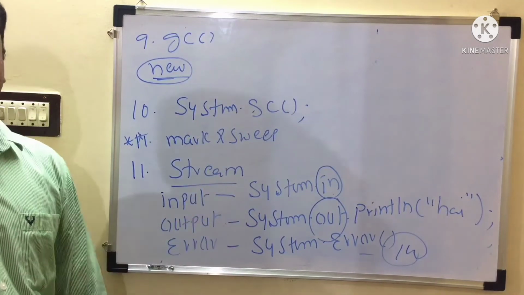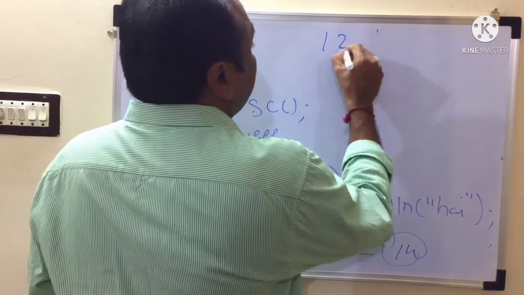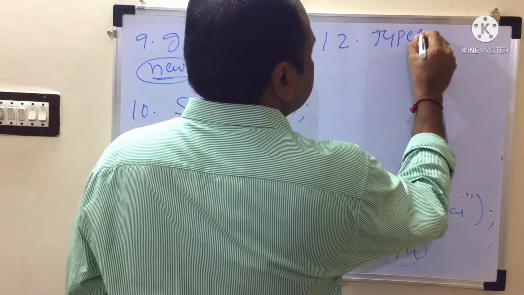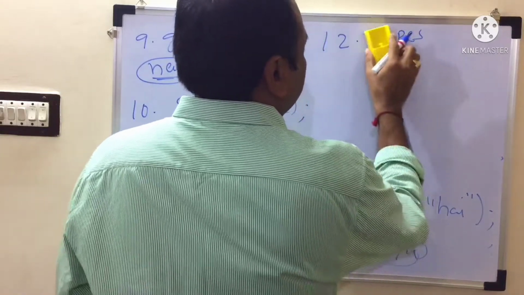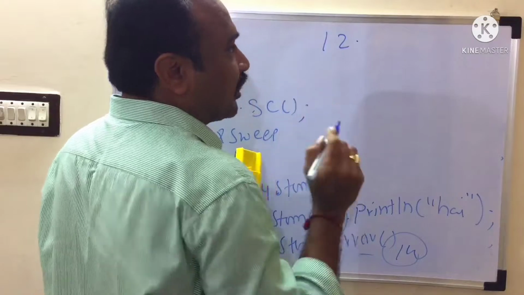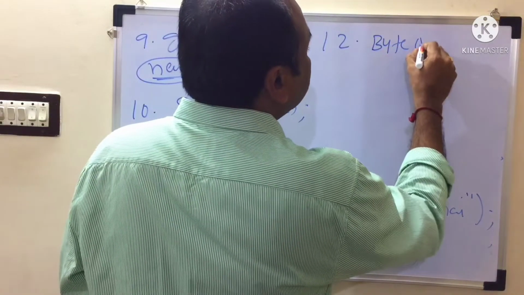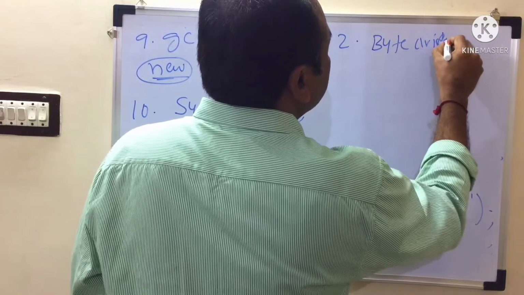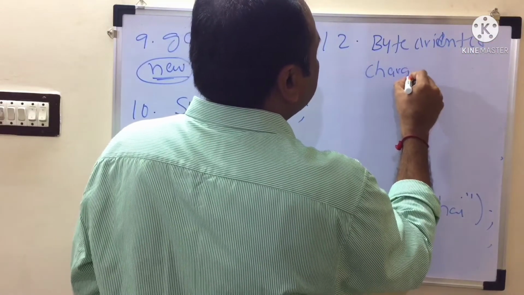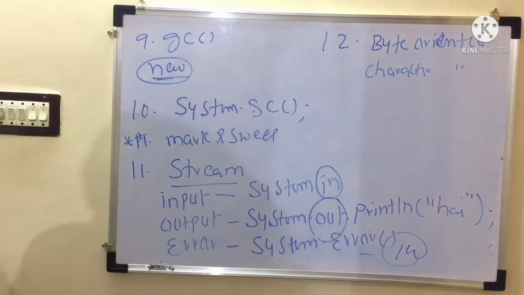These are regarding streams. But coming to Java, what are the different types of streams? Java supports two categories of streams: number one, byte-oriented streams, and number two, character-oriented streams.